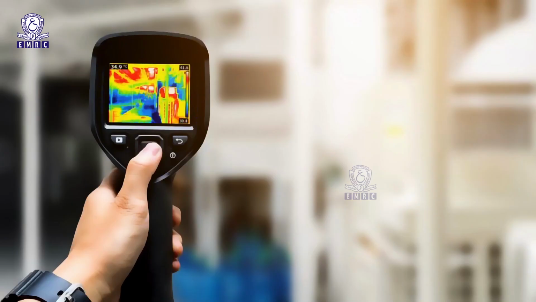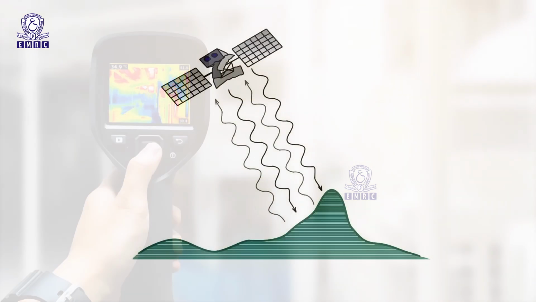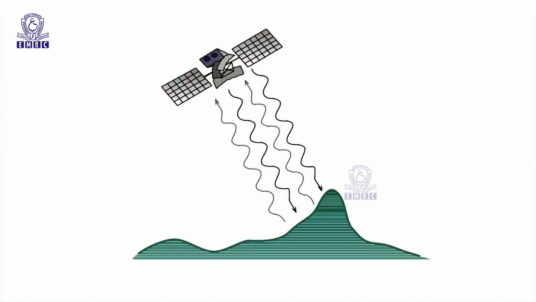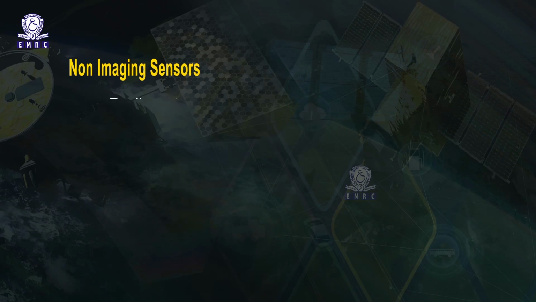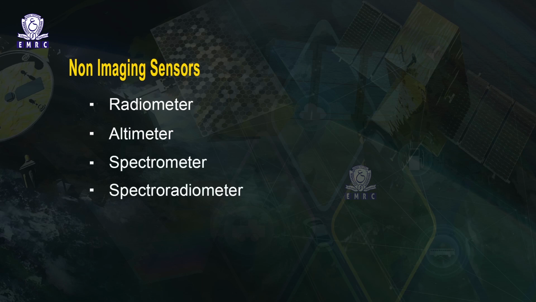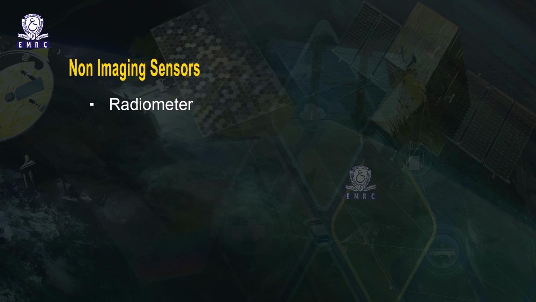However, some small area is typically involved depending on the sensor's spatial resolution. In contrast with imaging sensors, this type of sensor does not record how the input varies across the field of view. In the remote sensing field, the commonly used non-imaging sensors include radiometer, altimeter, spectrometer, spectroradiometer and LiDAR.